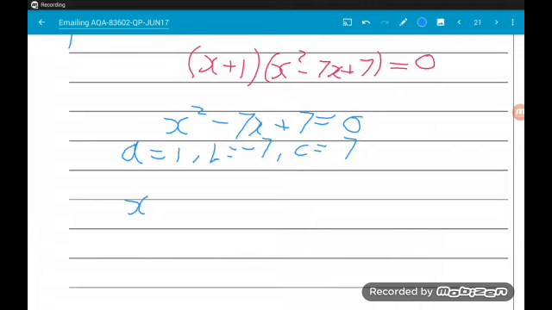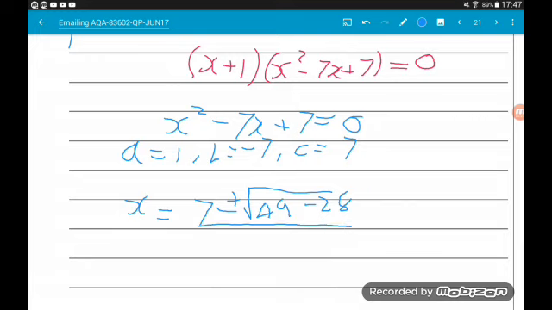So we're going to get x is equal to minus minus 7, so positive 7, plus or minus the square root of minus 7 squared, which is positive 49, minus 4 times 1 times 7, so that's going to give us minus 28, all over 2 times 1, so 2.